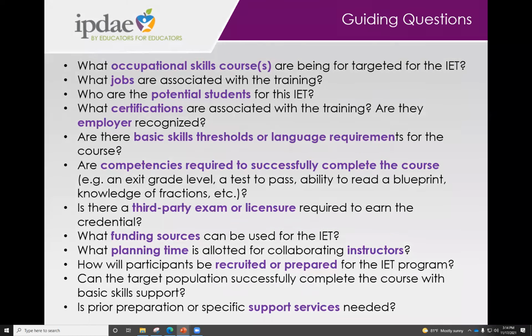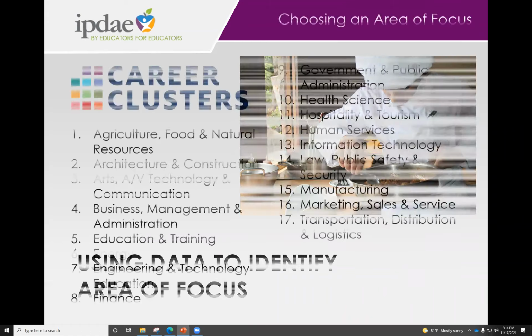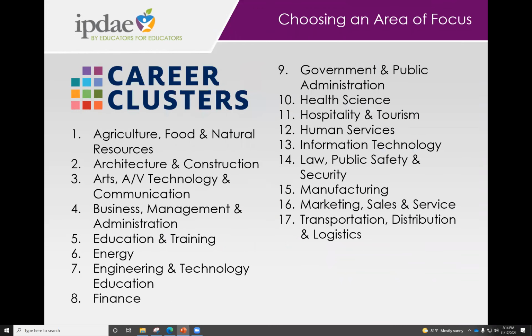All right, now we're going to talk about data as well. How are you going to use the data to identify which program you want to start? What area of focus, what career technical course do you want to develop an IET with? There are a lot of choices.